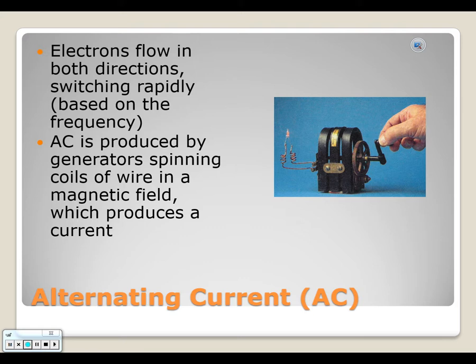Like I said, we'll talk much more about this when we talk about electromagnetic induction and electric generators. It's easier to create electricity that way, and there's a reason, and we'll talk about why.